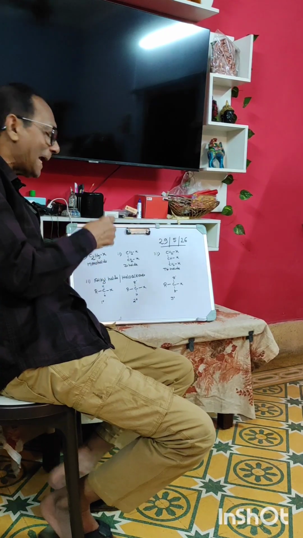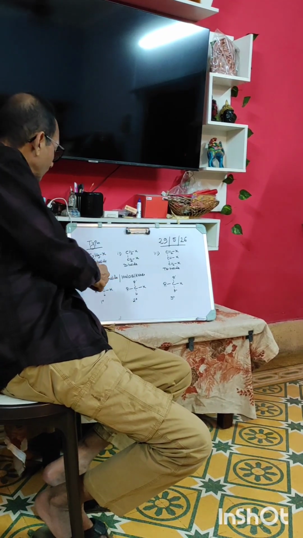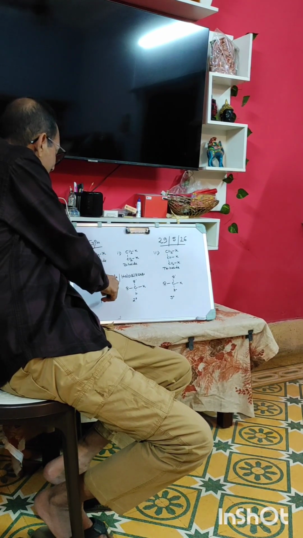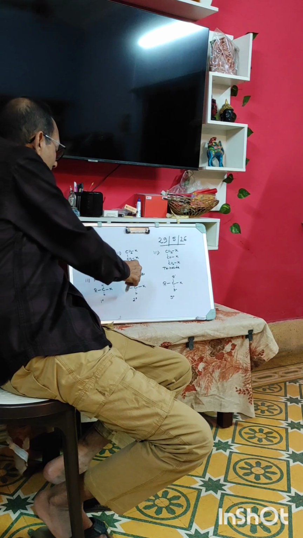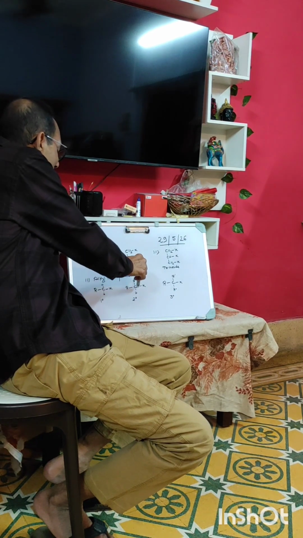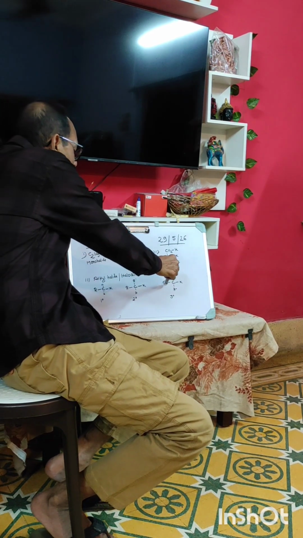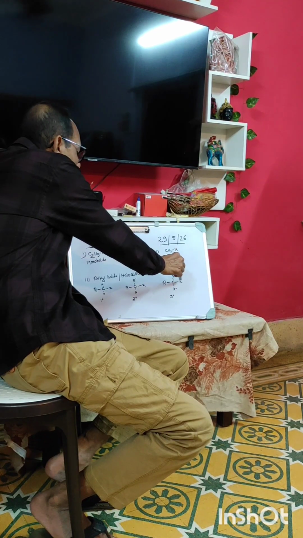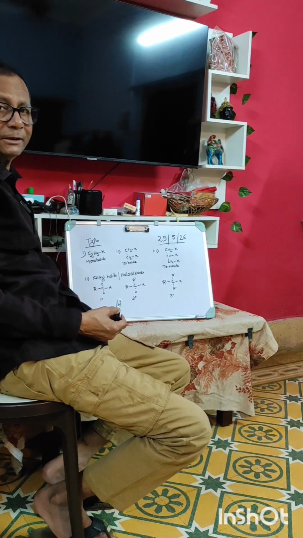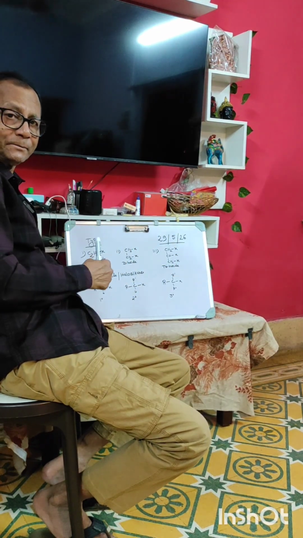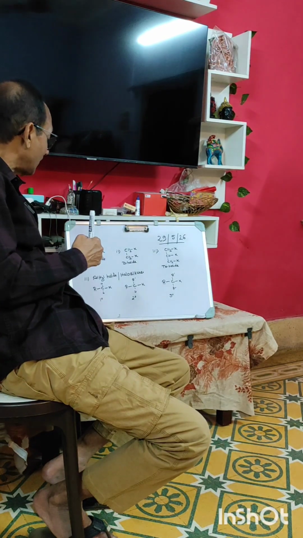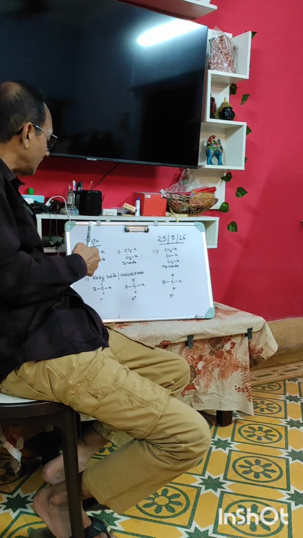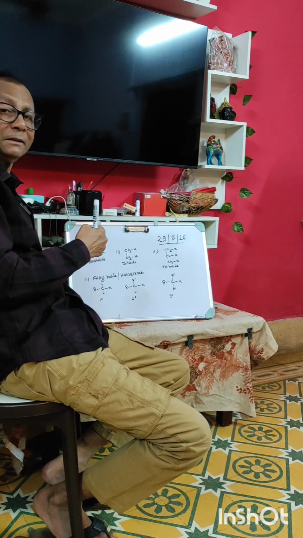Another classification: if the alkyl group is of the type RCH2X, it is 1 degree. If it is R2CHX, it is 2 degree, and if it is R3CX, it is 3 degree. So you can classify the alkyl halide as 1 degree, 2 degree, or 3 degree.